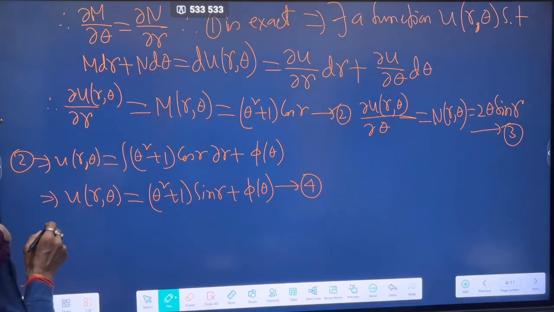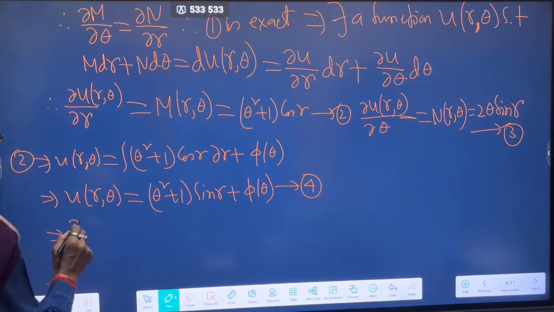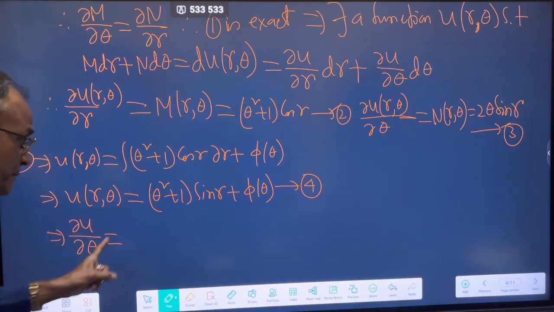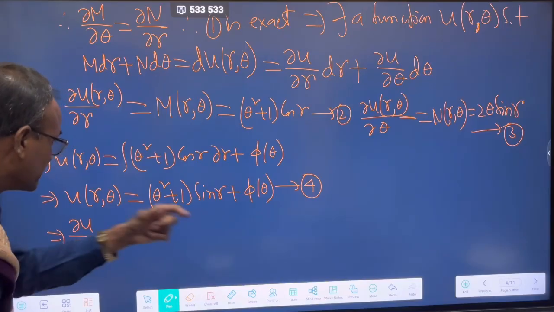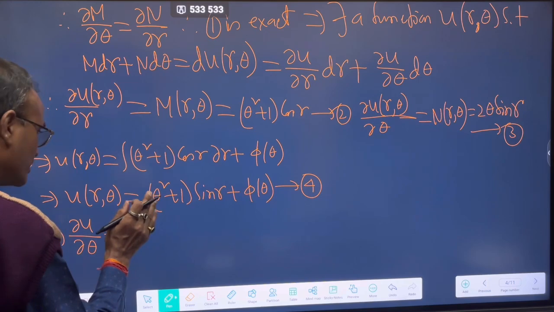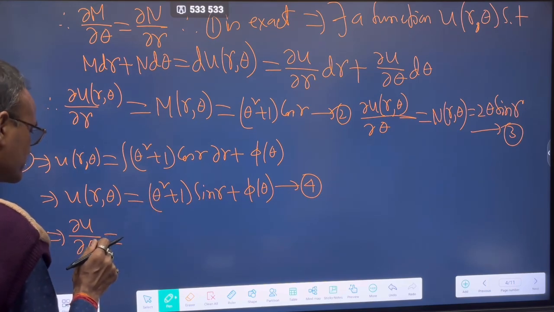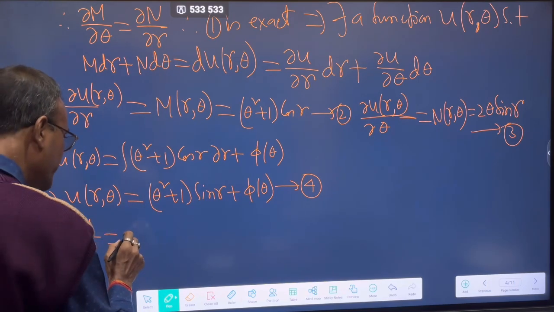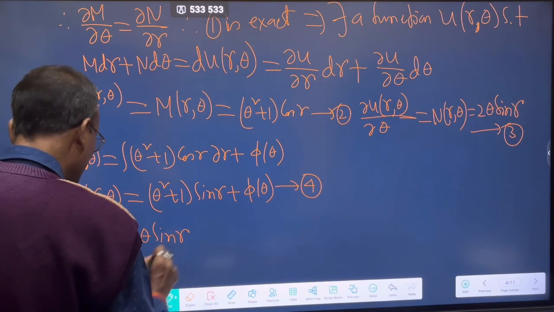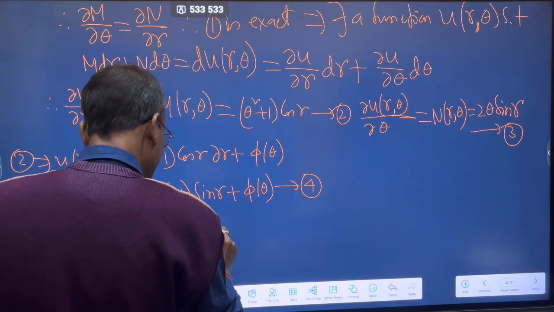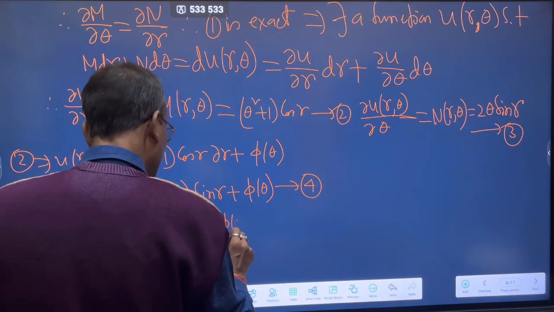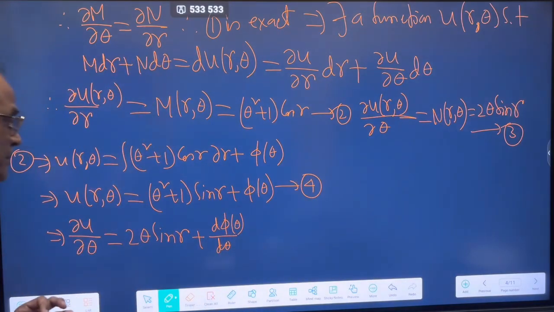From 4 you will get ∂u/∂θ, differentiating with respect to θ partially, treating r as constant. ∂u/∂θ will be 2θ sin r plus dφ/dθ. φ is a function of θ only.